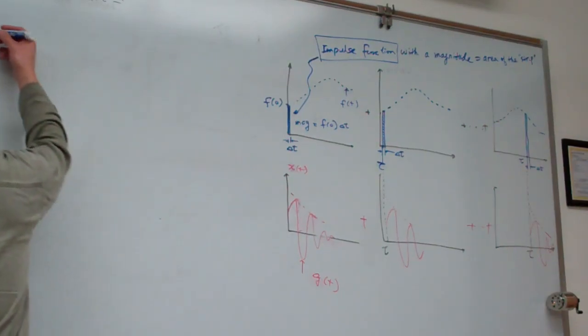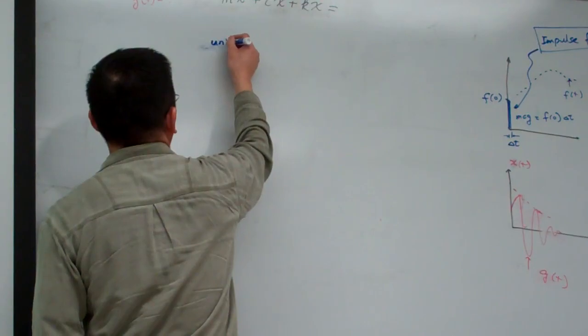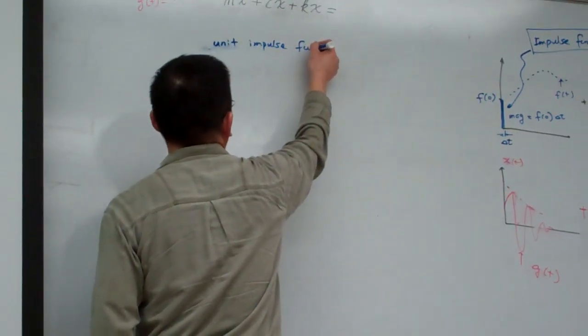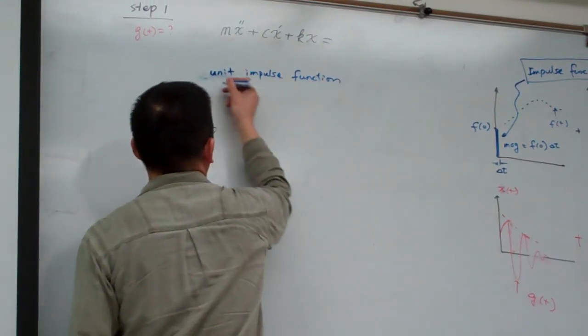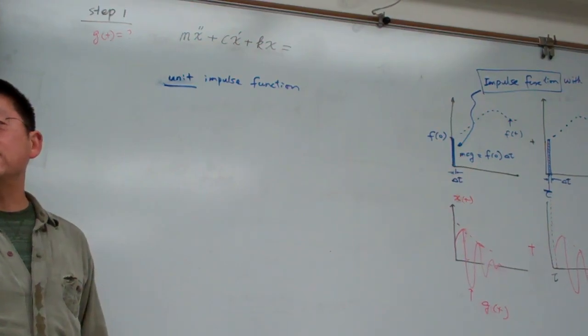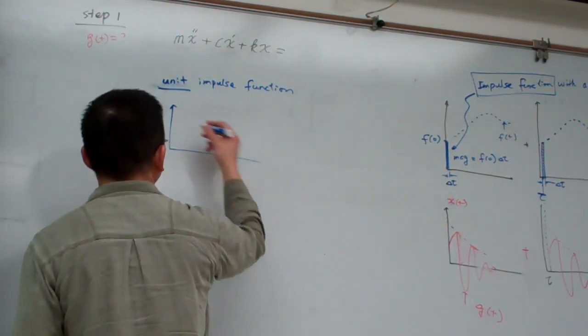Sometimes the people talk about what is called the unit impulse function. So what is a unit impulse function? That means its magnitude simply equal to 1. Okay. So that means this is a function.